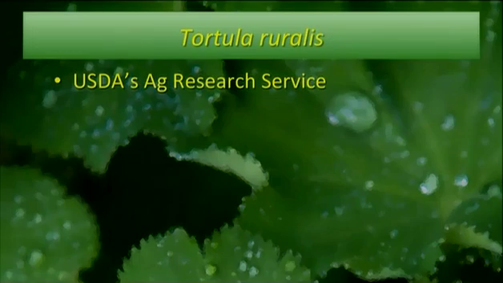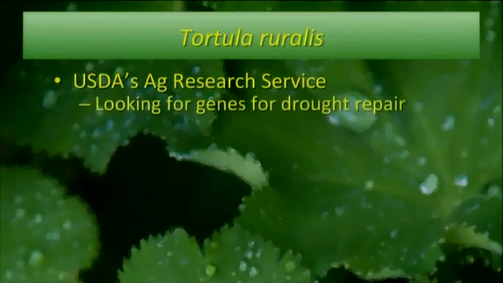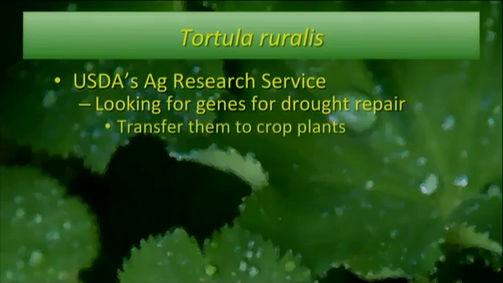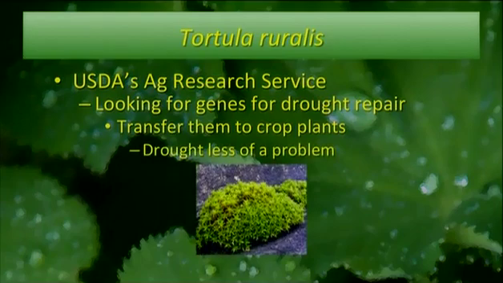So the U.S. Department of Agriculture's Research Service is looking for genes for drought repair of crop plants. They want to actually transfer them to crop plants. So they're looking for genes and whatever they can find for drought repair. And of course, this Tortula ruralis has it. So they can make drought less of a problem.